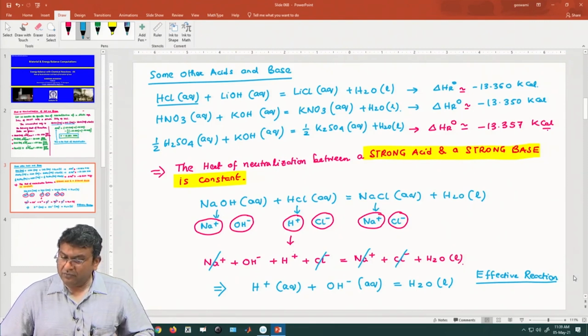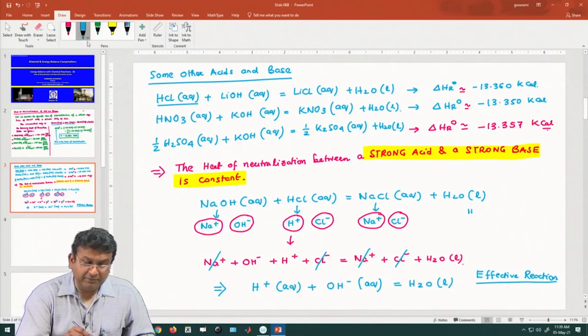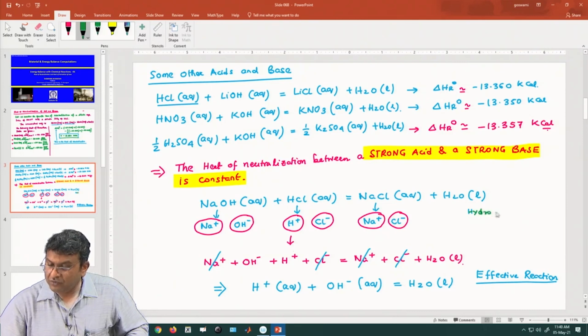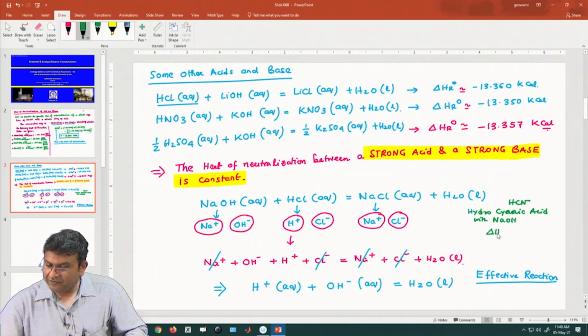One can look into the neutralization reaction of hydrocyanic acid, for example. This you do not have to remember, let me tell you just for the sake of completeness. Hydrocyanic acid, HCN, with NaOH: the heat of neutralization is minus 2.481 kilocalorie.